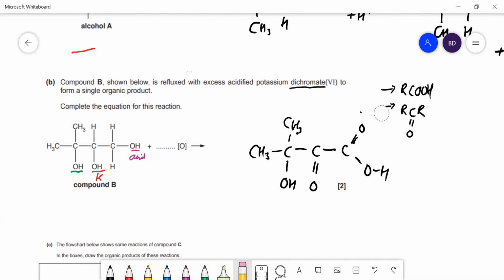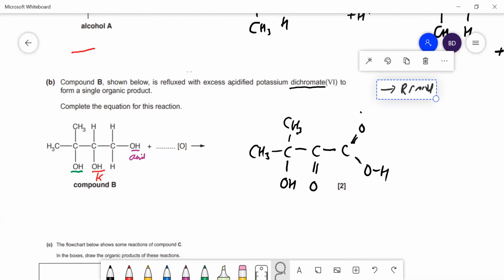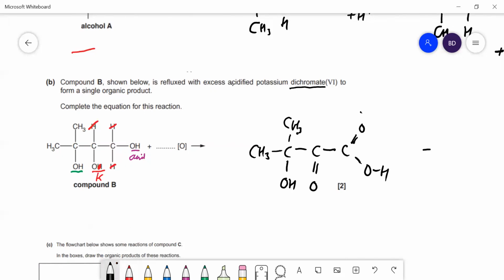Okay, so I need to now count up how many hydrogens I've lost. Well, I've lost that one and that one, that's 2. And I've lost those 2. So that is 4 hydrogens, so that's going to be 2 H2O on this side.